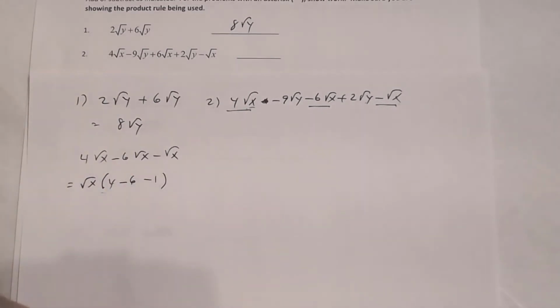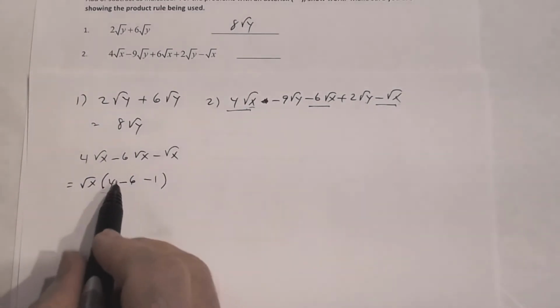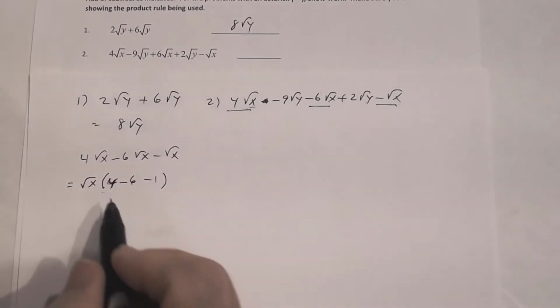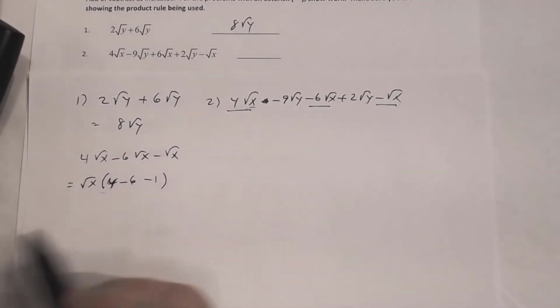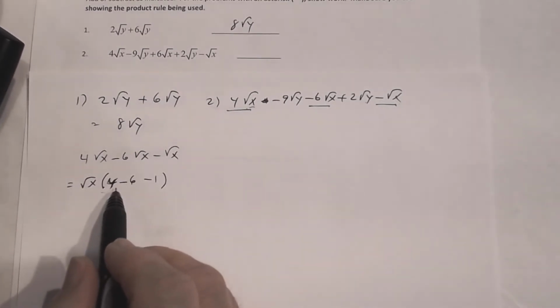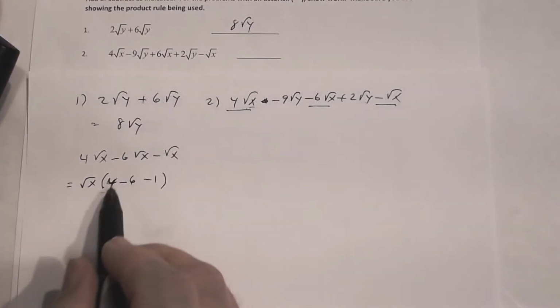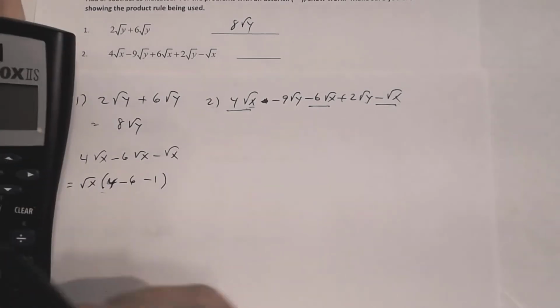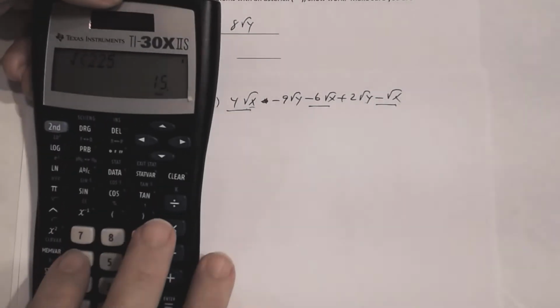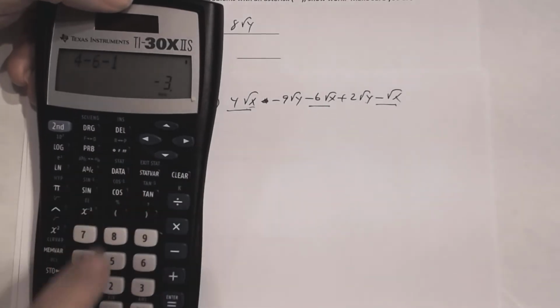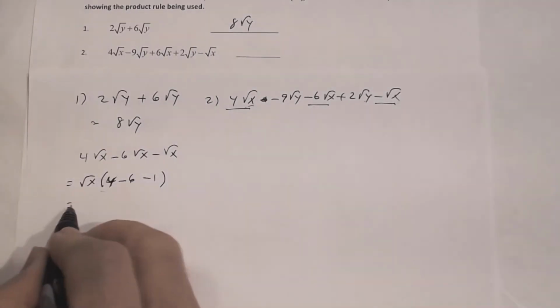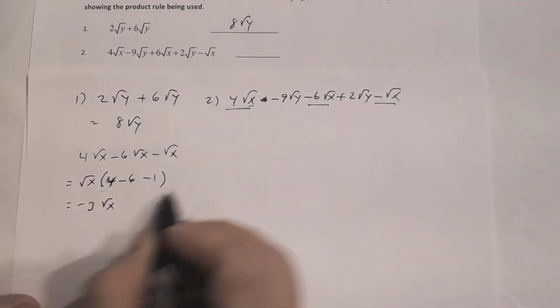Some of you still have a little issue with signed numbers, and you do have access to a calculator. But you really want to understand those signed numbers, so make sure you go back and review how to add and subtract signed numbers without using a calculator. So we have 4 minus 6 minus 1, and you get negative 3. So it's negative 3 square root of x.